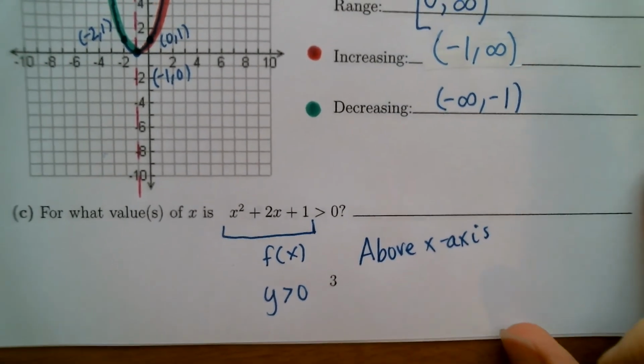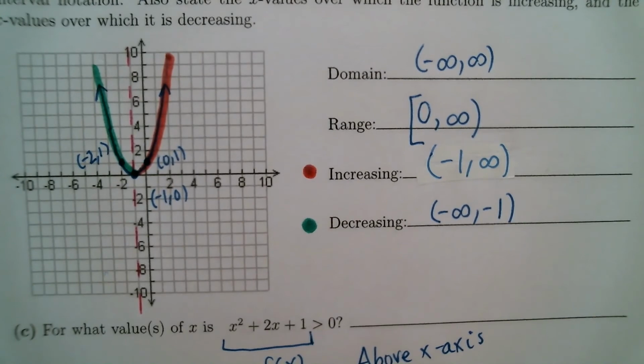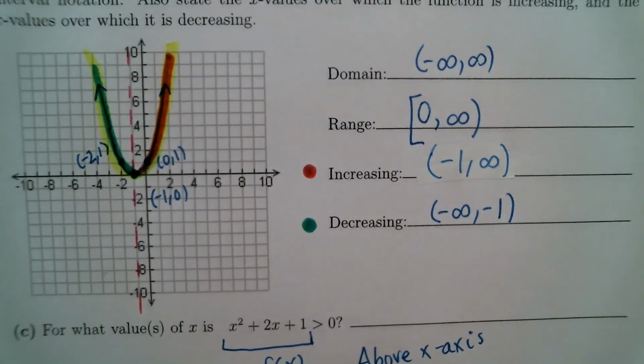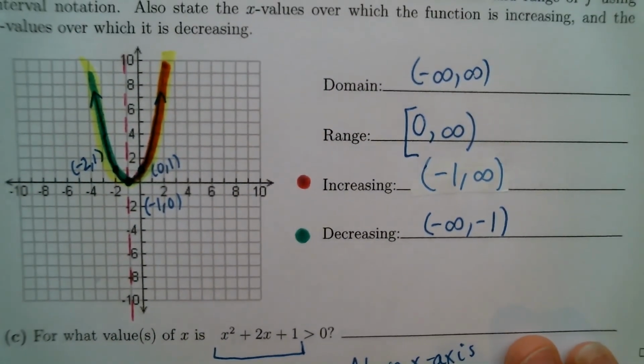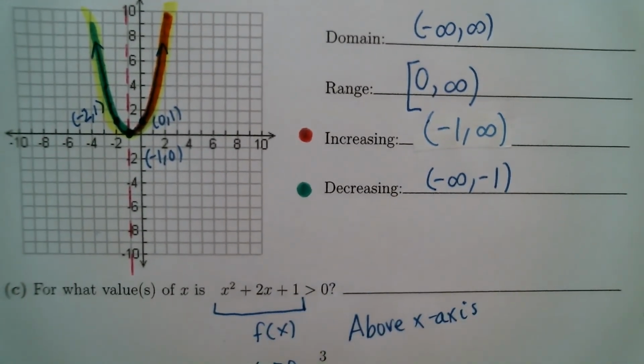At first glance, and I did this with the last problem, I went back and I put everything in yellow. At first glance, it looks like the entire parabola is above the x-axis, which is almost completely true. There's one little problem.